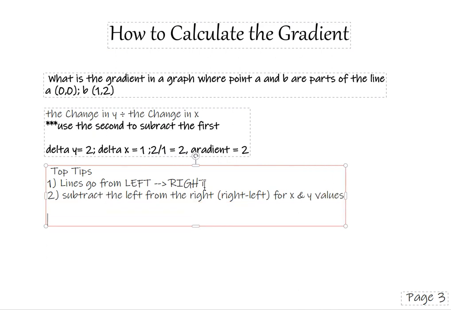And the most important thing is delta y divided by delta x, not the other way around, which is crucial, or you'll get no marks for the question. So I think that's all you need to know for calculating the gradient.